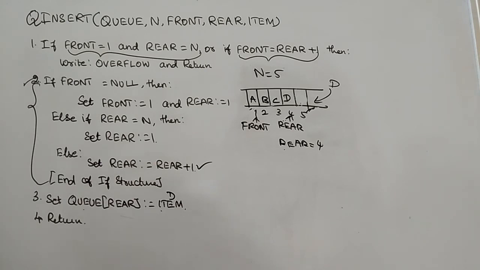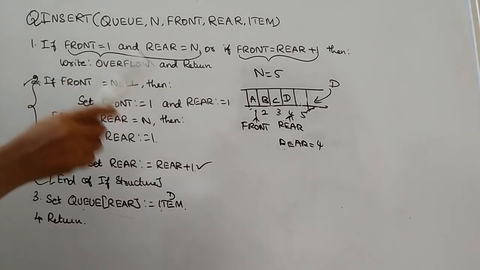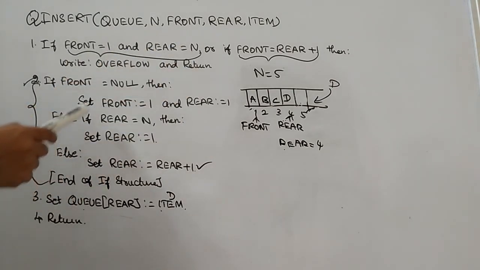Once again, whenever you are going to insert an element into the queue, at first you should check whether the queue is entirely filled or not. If it is filled, we should prompt the user with overflow. If not, we should check whether the front is equal to null. If it is equal to null, you can understand that the queue is empty, so the item to be inserted will be the first element.